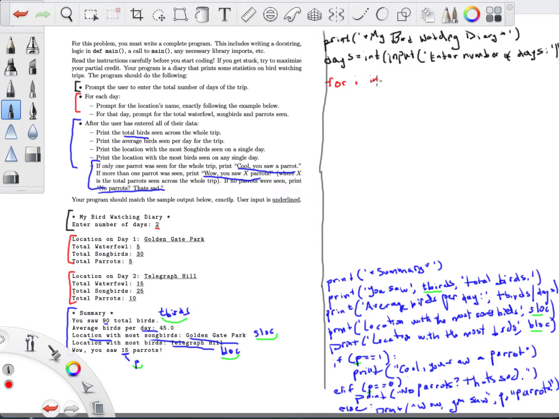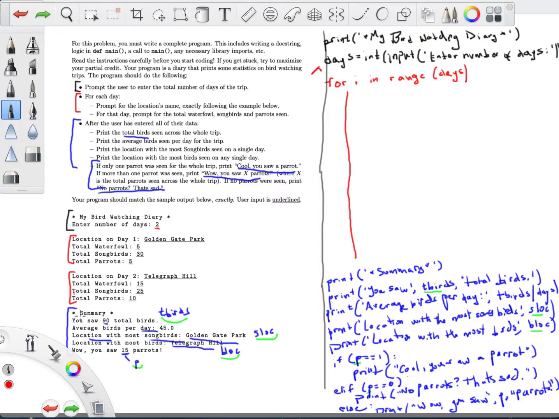So I'll say that a sensible thing would be to have some sort of definite loop. For i in range days. And it kind of sounds like all of this is inside that for loop. All the prompting for locations, etc. So we got to ask for, well, I've already not done myself any favors because I haven't left any room between here and here.